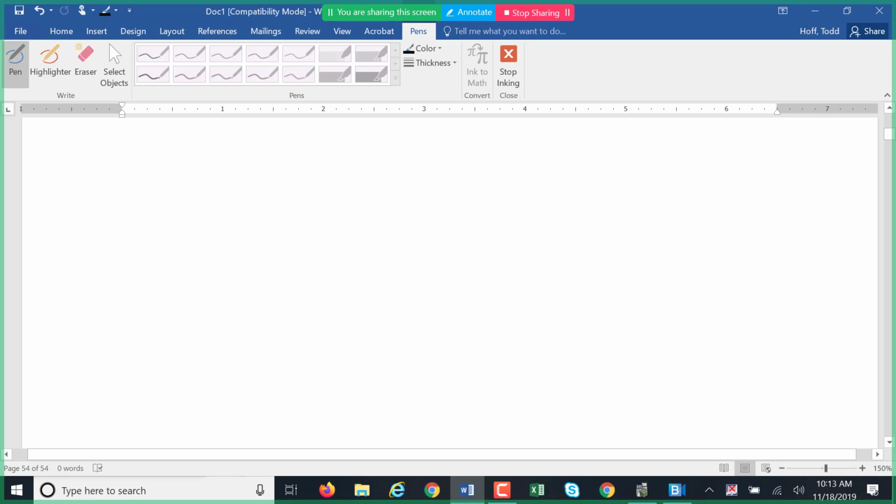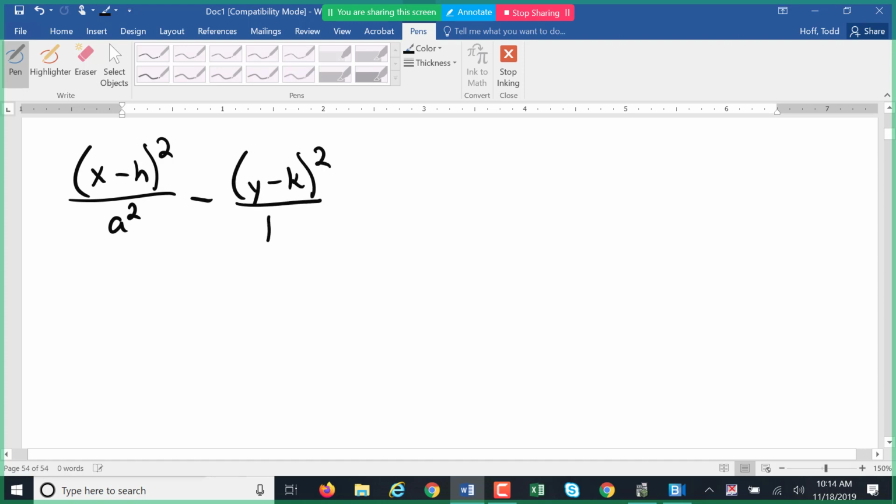So let's define, we have two general forms for the hyperbola. (x minus h) squared over a squared minus (y minus k) squared over b squared equals 1.